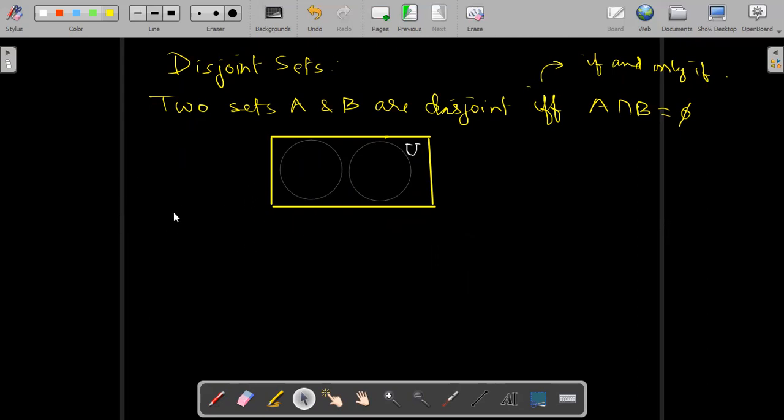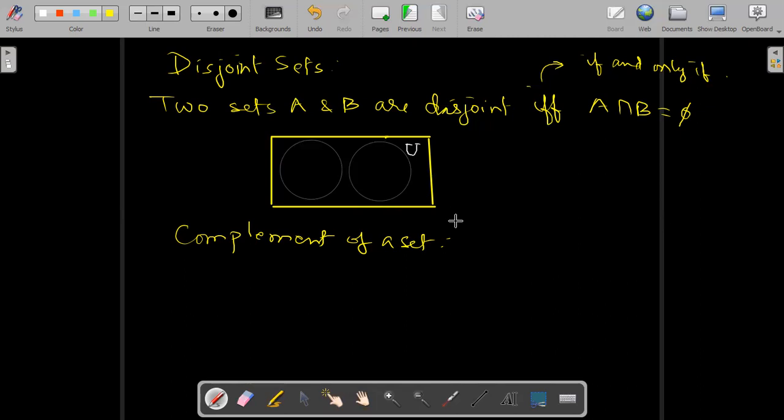Okay. Then the complement of a set. For defining a complement, we should be given a universal set, because the rest of the elements of that set are called the complement.